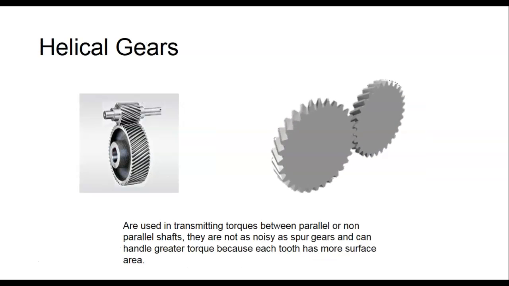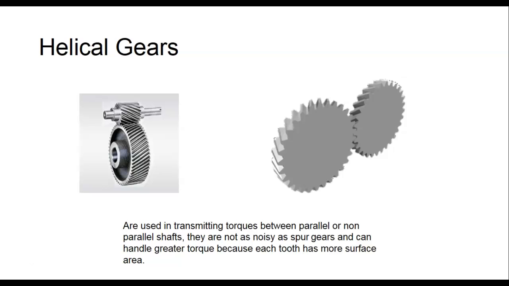These are helical gears, and you can see the actual teeth are cut at an angle. These guys can transfer more torque because they have more surface area. They're also quieter because the gears don't clank together, they actually mesh and slide into each other.